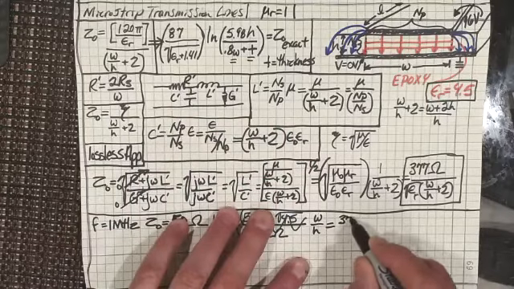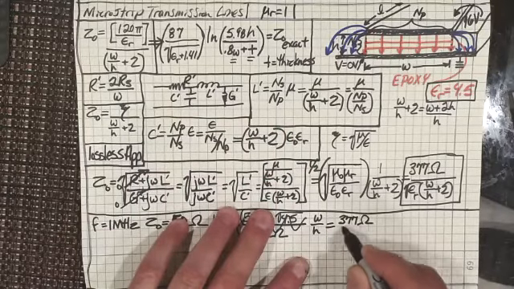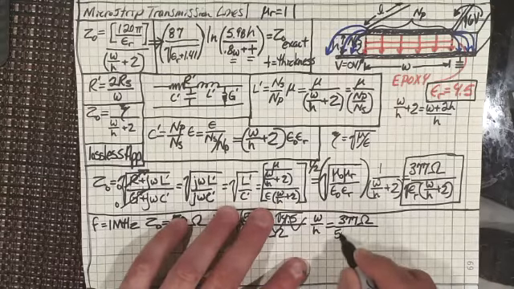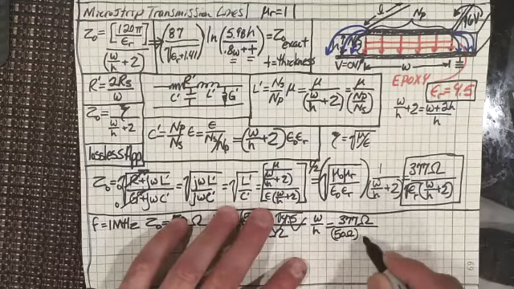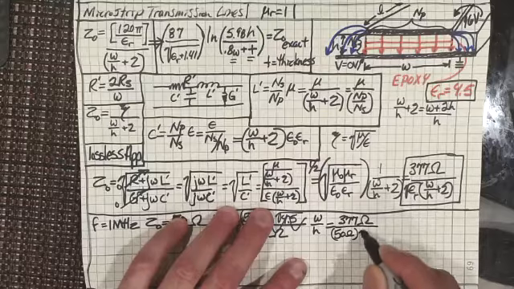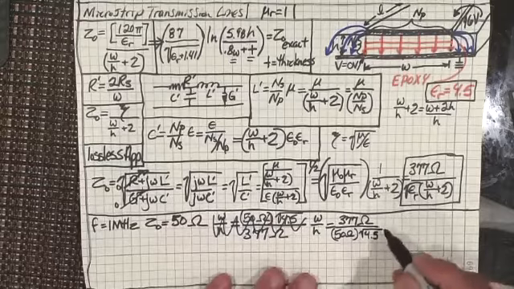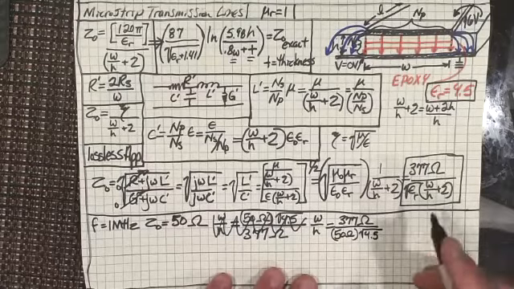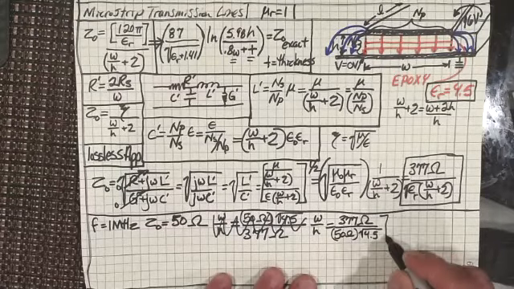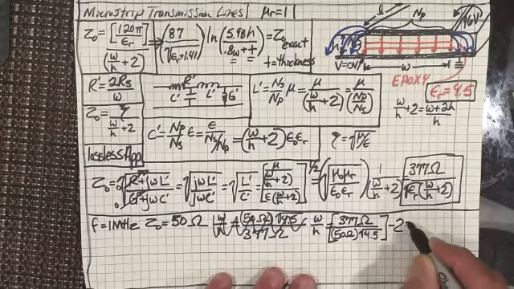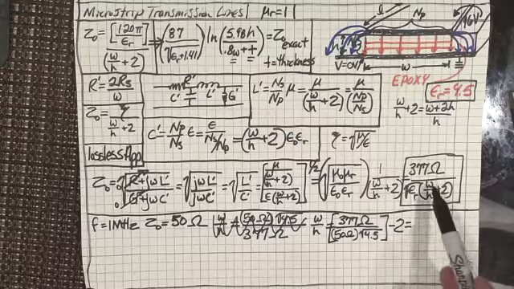So 377 ohms, yes, let's put that in the numerator, not in the denominator, and then 50 ohms times the square root of 4.5. I'm not going to put a -1 there. That would just screw everybody up, wouldn't it? And then that whole quotient minus 2, right? Because we've got the W over H minus 2.